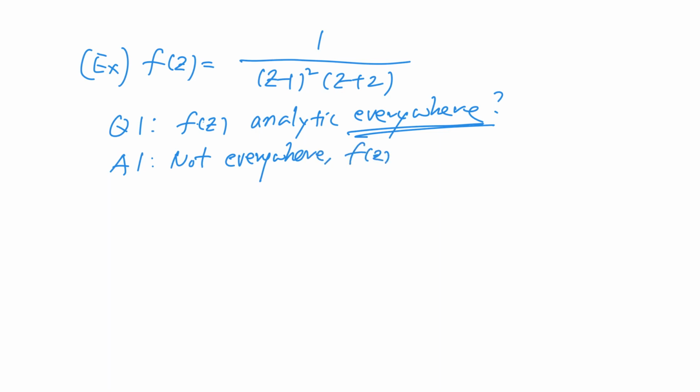f(z) has poles. How many poles does it have? Two, right? z equal 1 and z equal -2. So it does have 2 poles.